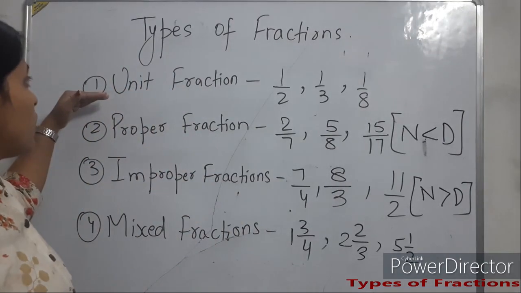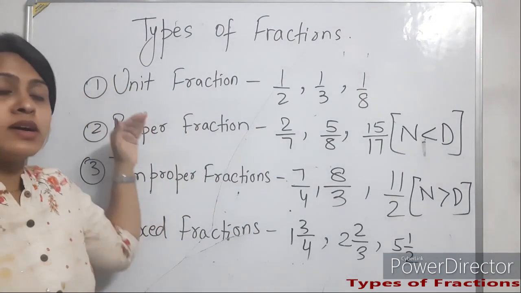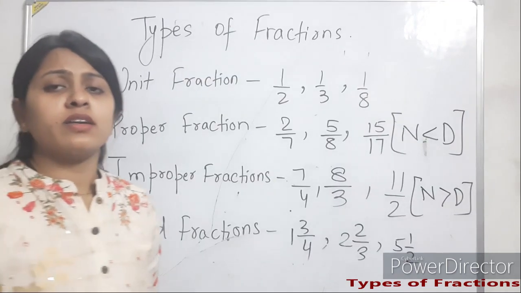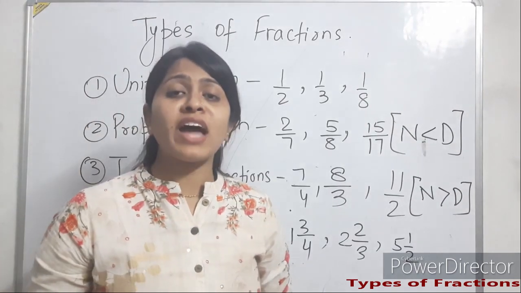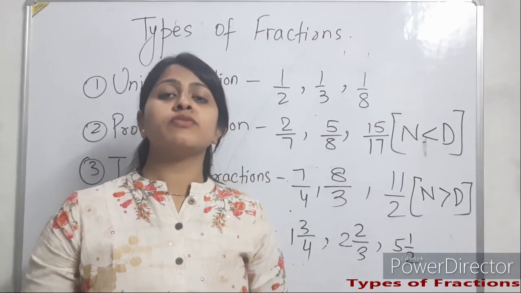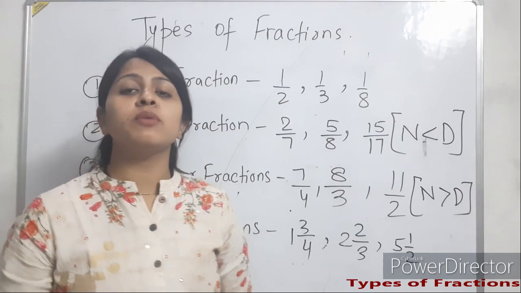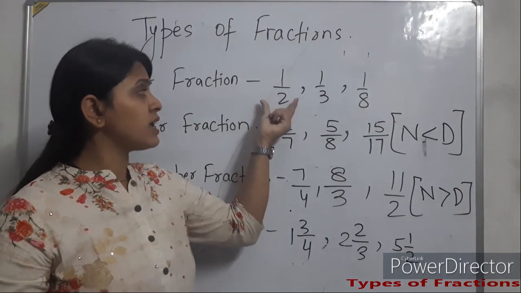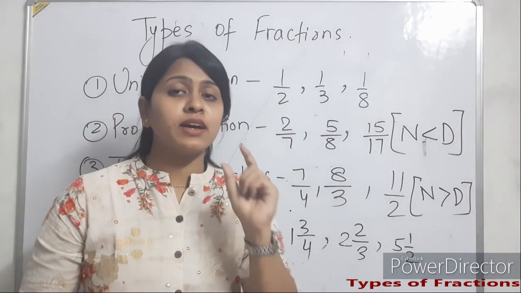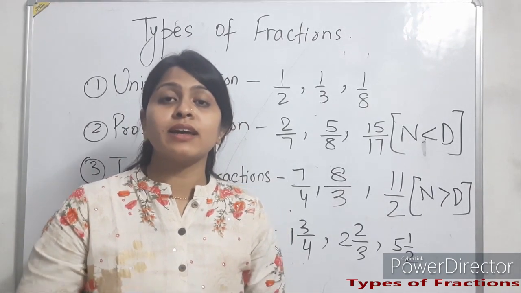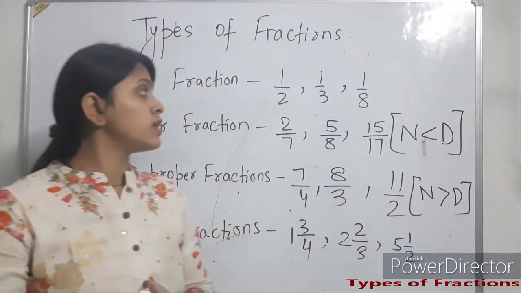So, the first type of fraction which we are going to learn is unit fraction. Anywhere if you see a fraction having the numerator 1, that fraction will be in the category of unit fraction, my dear students.